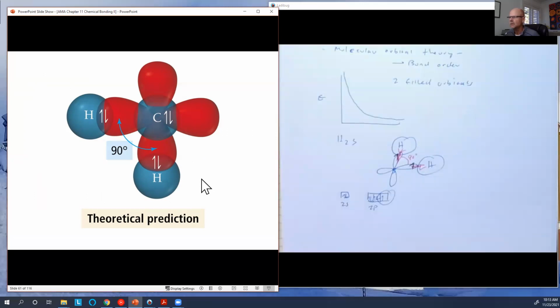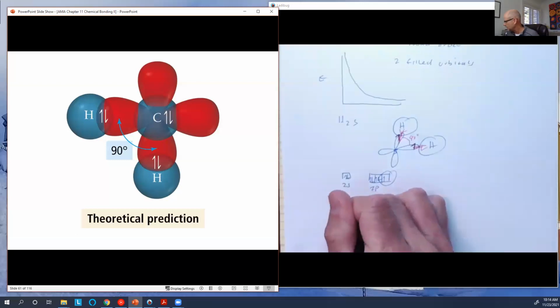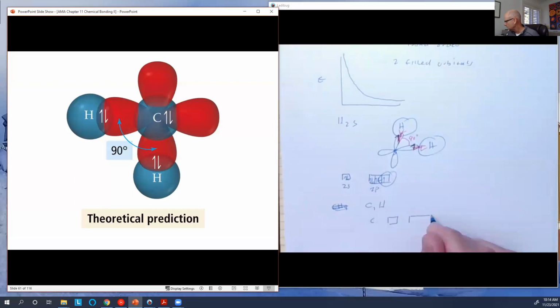So for example, if we were to try to apply valence bond theory without hybridization to methane, CH4, the compound that forms between carbon and hydrogen, we'd say, oh, okay, carbon has 4 valence electrons, right? So it has an electron configuration of 2s2, 2p2, 2 s electrons and then the p electrons also 2, because 4 total, right?